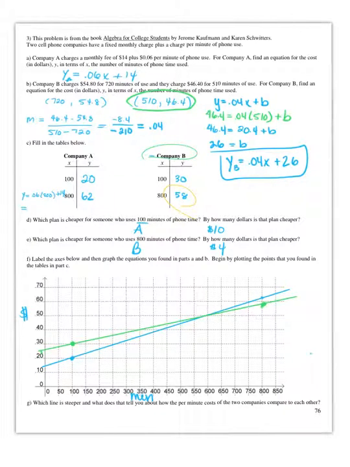So it looks like company A has the steeper line and that they're charging more per minute for each call. And you can see that the cost is going to be equal at 600 minutes. Both company A and company B will be charging $50 at 600 minutes.